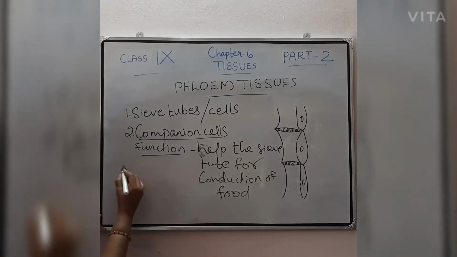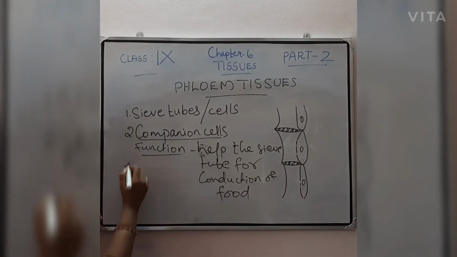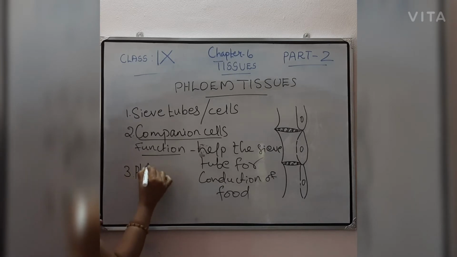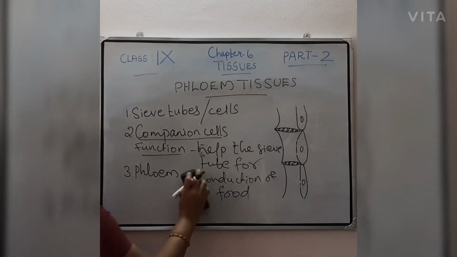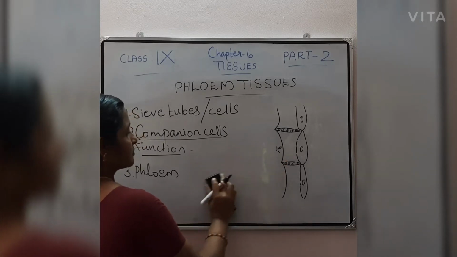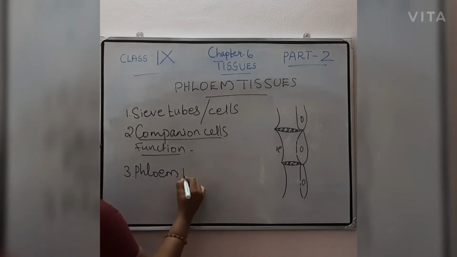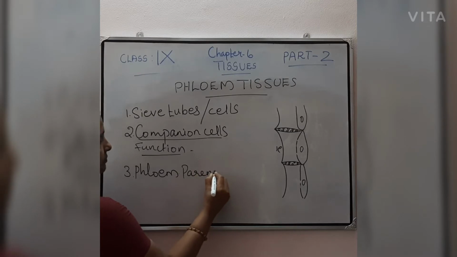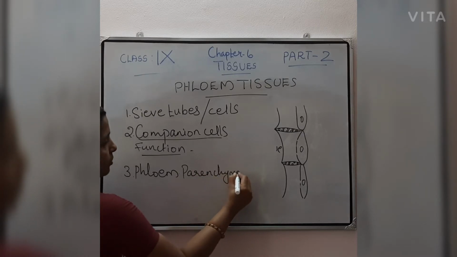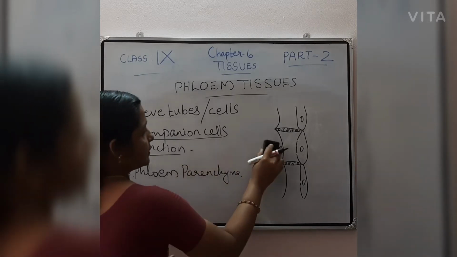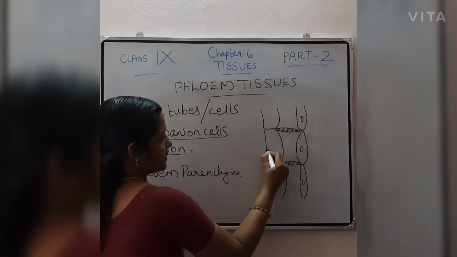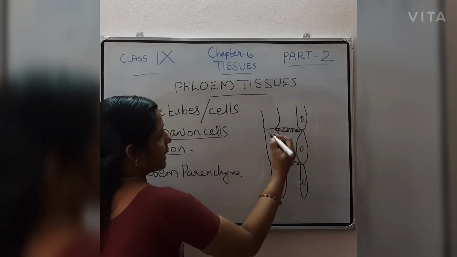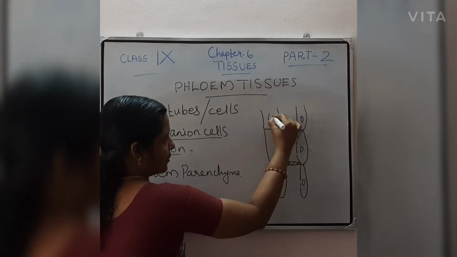Okay. Then the third one is phloem parenchyma. So phloem parenchyma, you can see, is made of elongated cells with a vacuole.